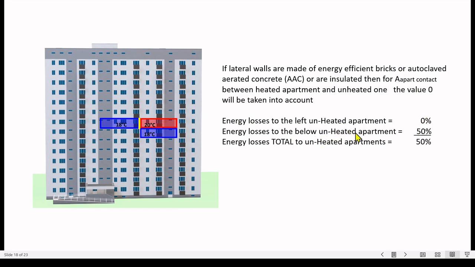Energy losses to the below will become 50% and total losses will be 50%, because the total area of surrounding, let's suppose that also this wall is isolated. So only those two upper and lower areas are the total area for transfer. So one of them is 50%.